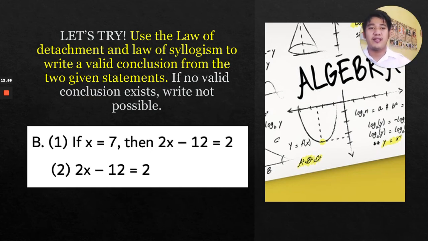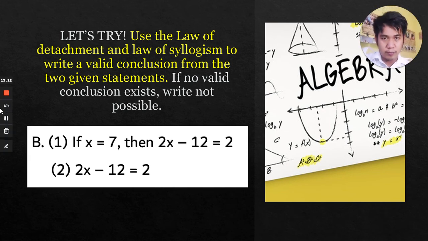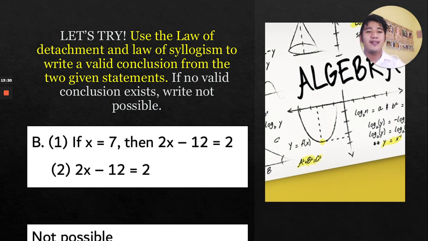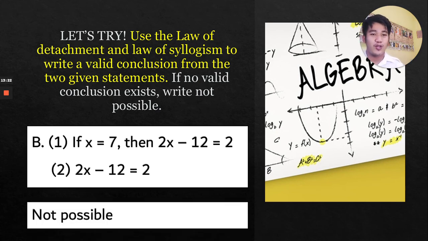Next, another example. The same thing. Use the law of detachment and law of syllogism to write a valid conclusion. If no valid conclusion exists, write not possible. Statement 1: if x equals 7, then 2x minus 12 equals 2. Statement number 2: 2x minus 12 equals 2. What can you conclude? Yes, there is no possible conclusion.